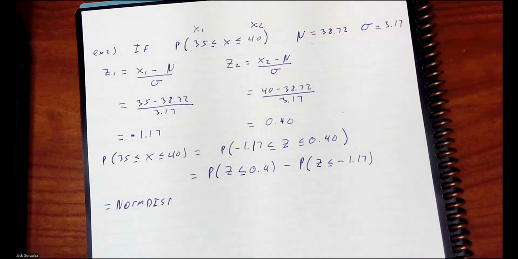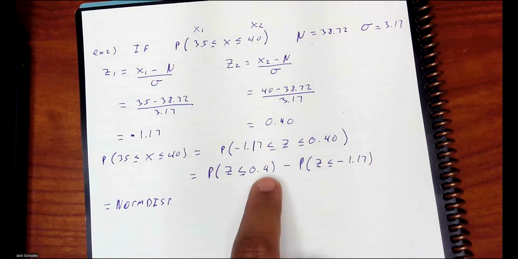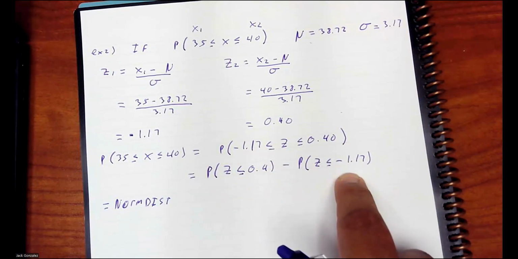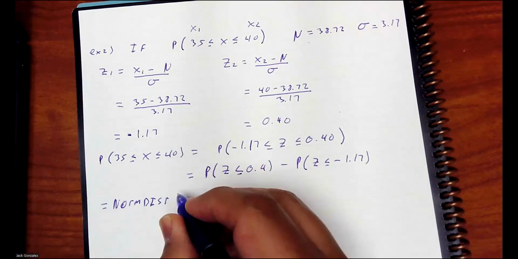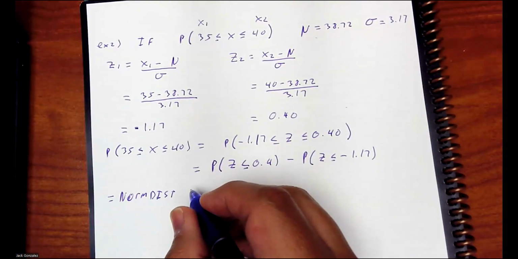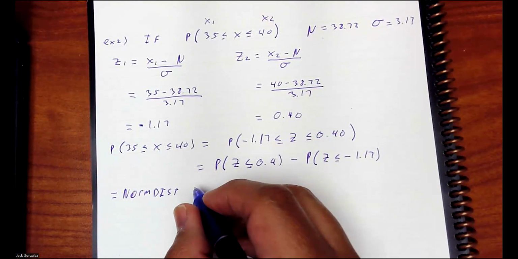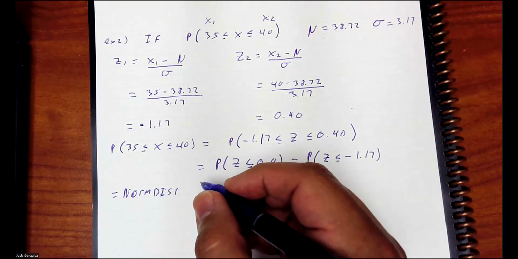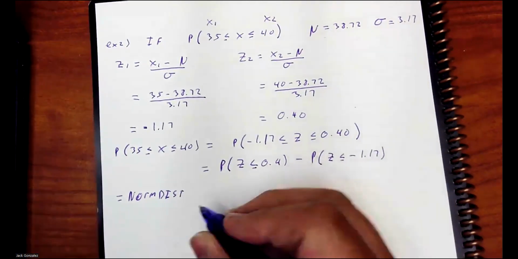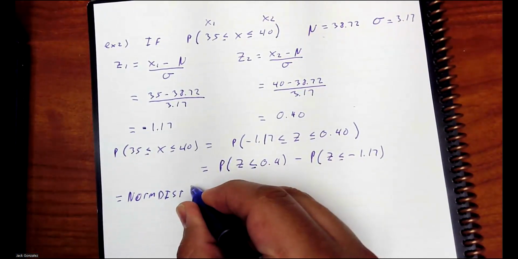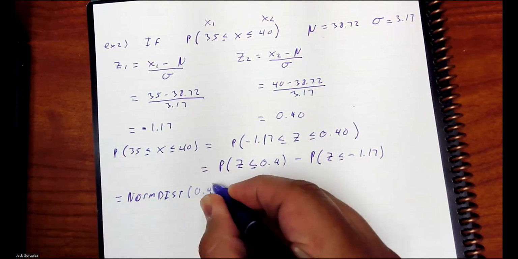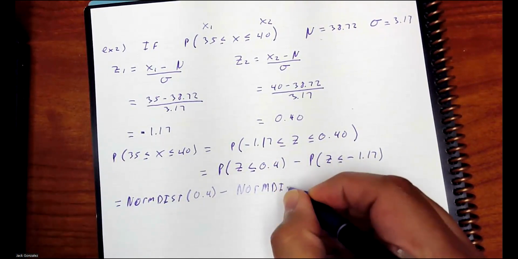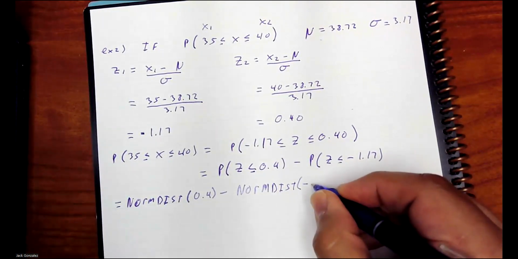Okay, so whenever you have an in-between value like this, a range of values from here to here, subtract the top one minus the bottom one, which equates in Excel to 0.4 minus negative 1.17.